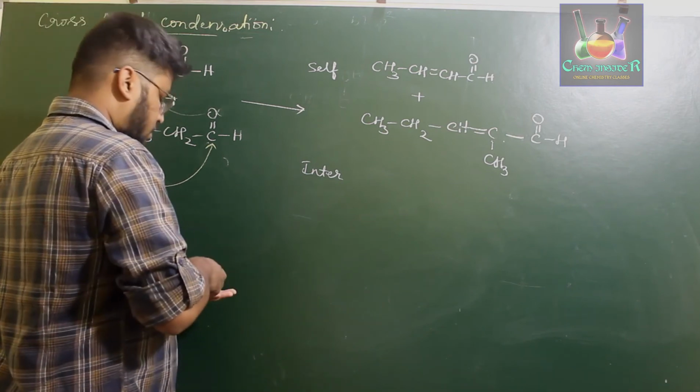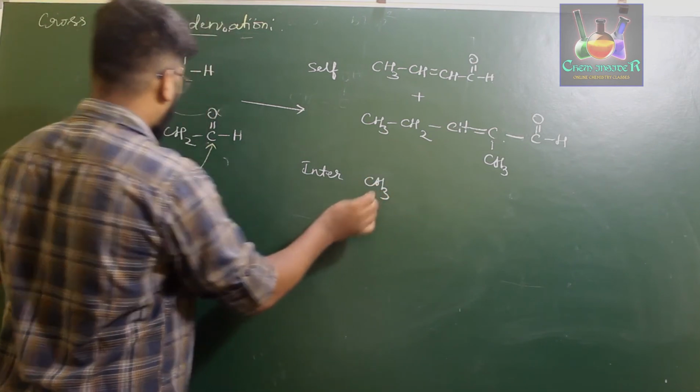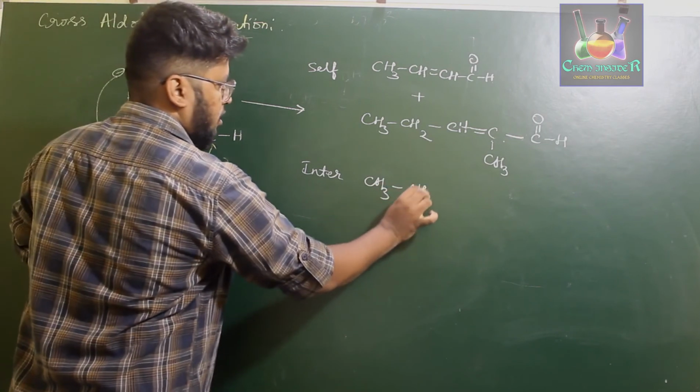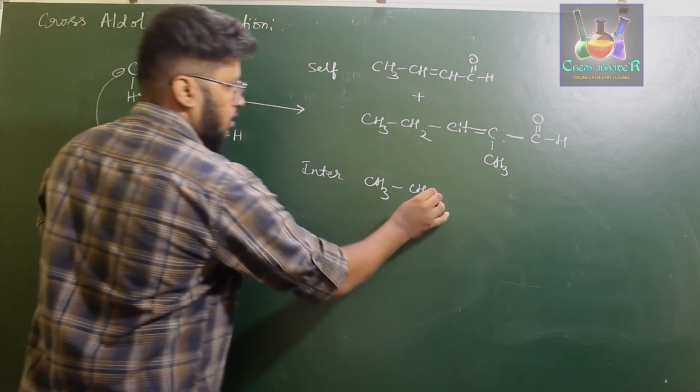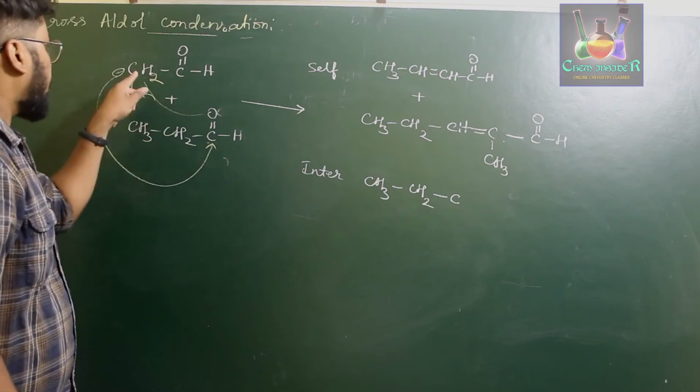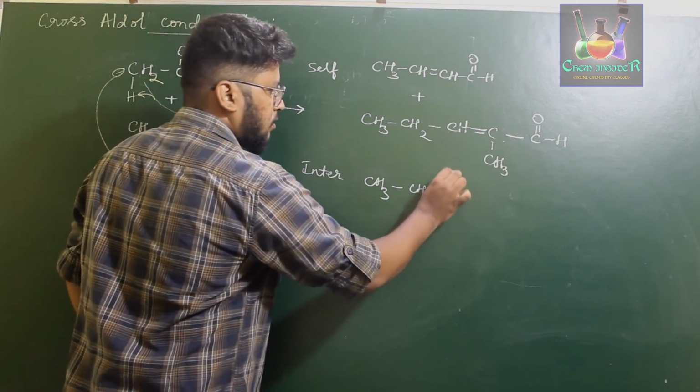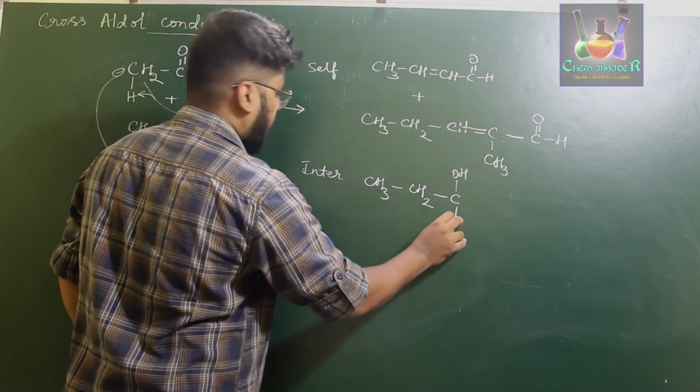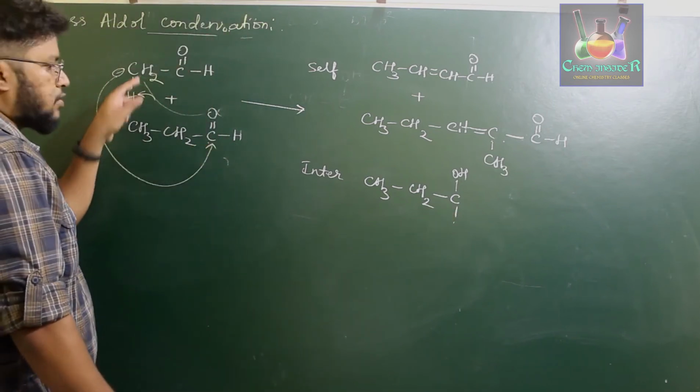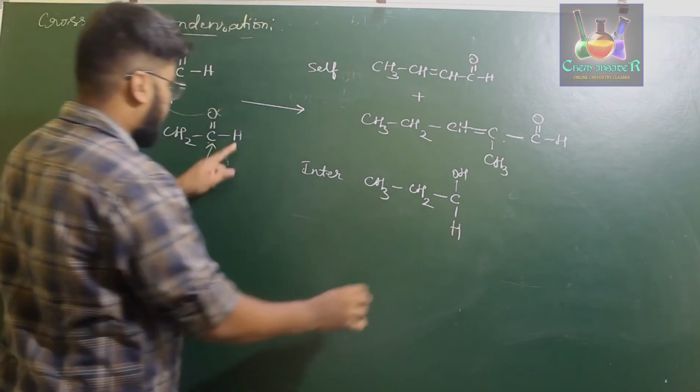That is CH3, CH2, C, which has an OH group, and it will be attached by the CH2 group and a hydrogen which is already present over here.